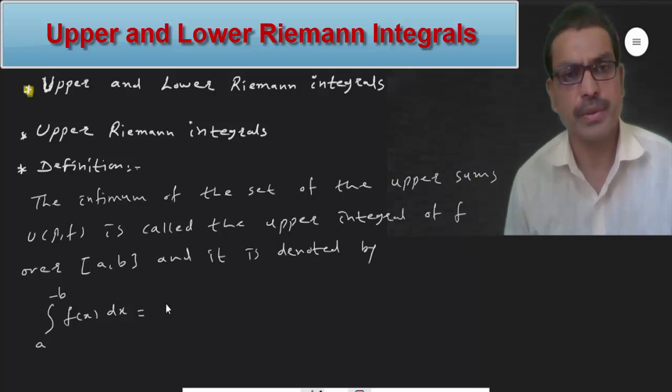In the definition of the upper Riemann integral, it is the infimum of the set of upper sums.